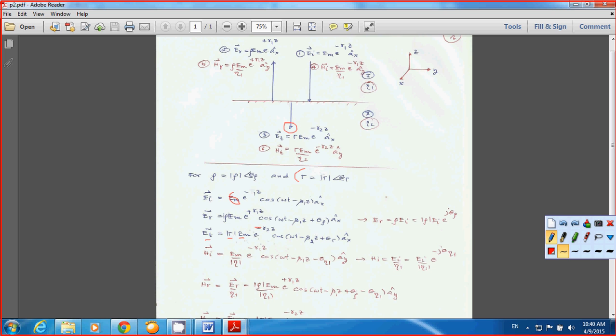And since your tau also has the phase angle here, you need to add the phase angle theta tau into the cosine omega t minus beta 1 Z, but you also need to change beta 1 to beta 2. Okay, the negative beta 2 Z tells you that the electromagnetic wave is still moving in the positive z direction, and it still has the x component.